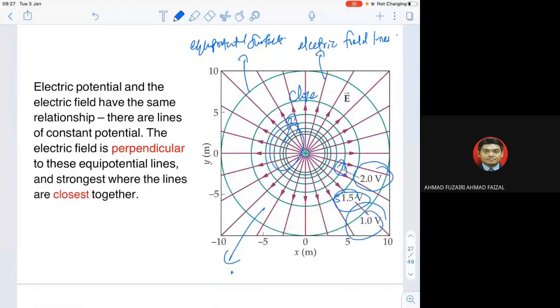So we can say that the electric field is perpendicular to the equipotential surface. You can look here, the electric field is always perpendicular to the equipotential surface. And it is strongest where the lines are closest together. Strongest is where? Here, in the first part where the lines are closest together.